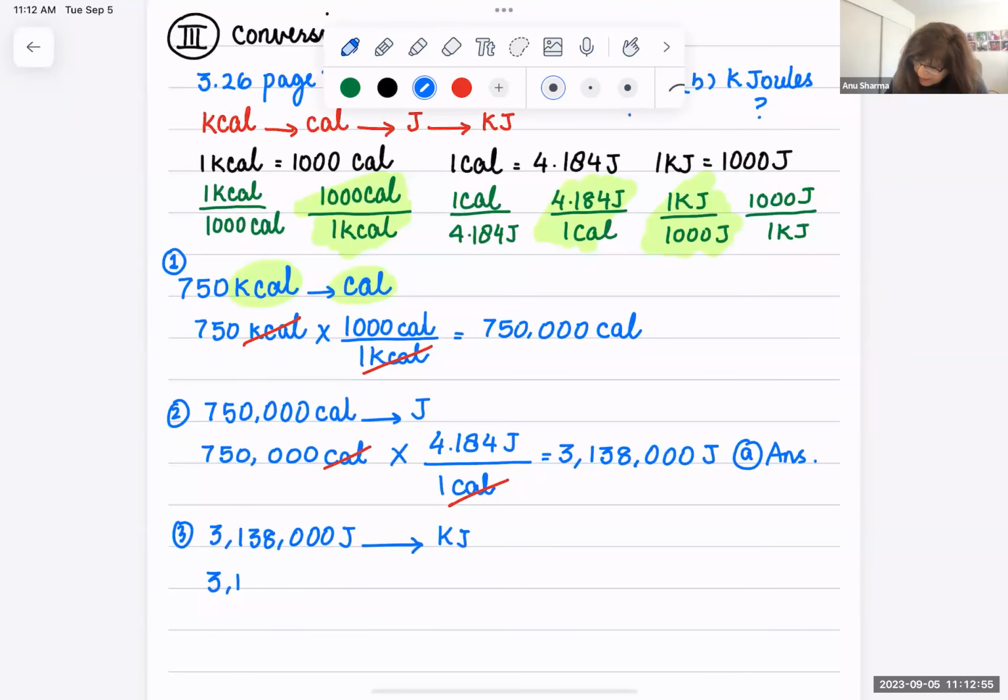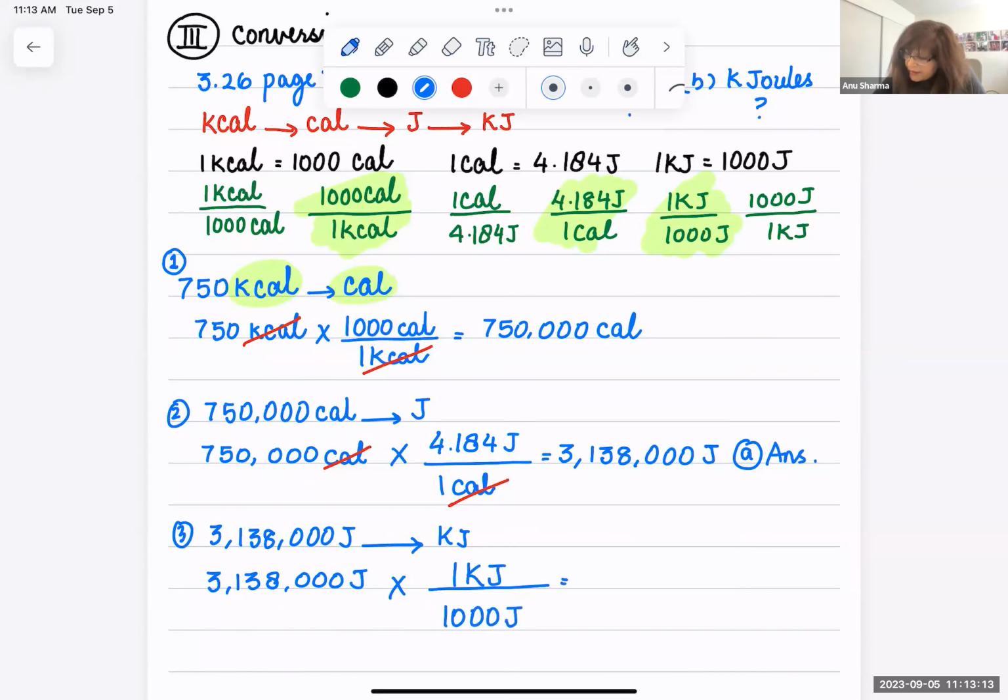So here, 3,138,000 joules times 1 kilojoule over 1,000 joules. The joules cancel out.